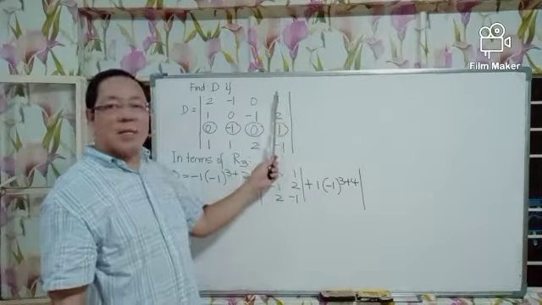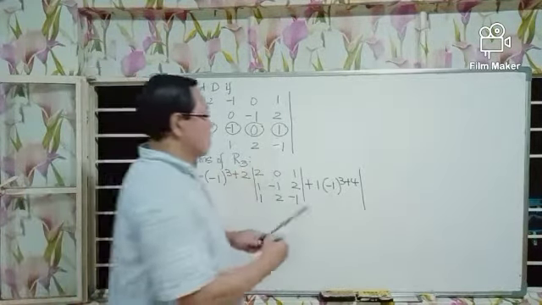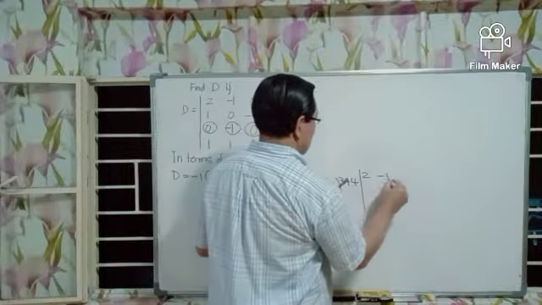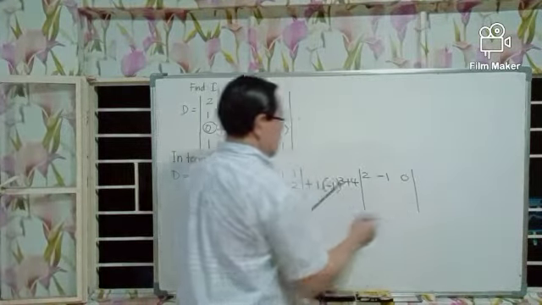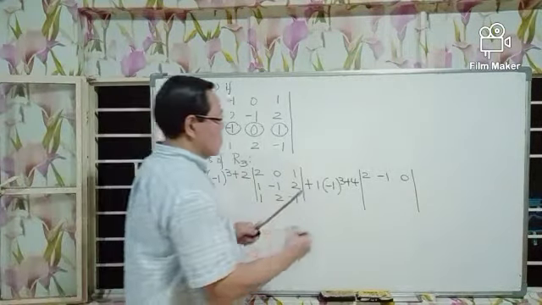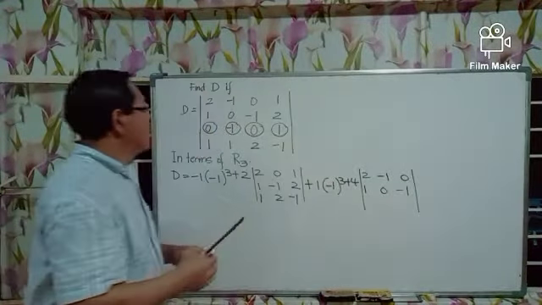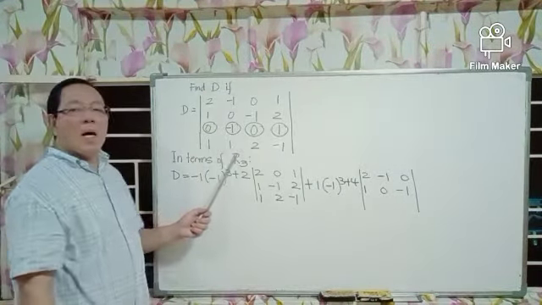And the entries that remain are 2, negative 1, 0. 1, 0, negative 1. And 1, 1, 2.